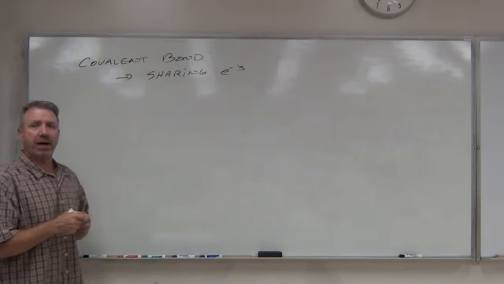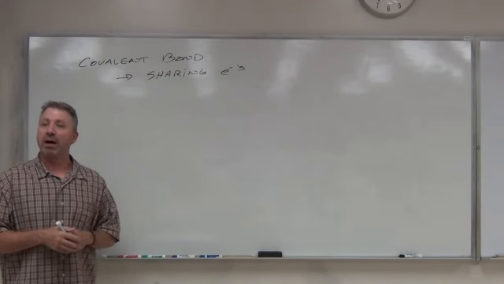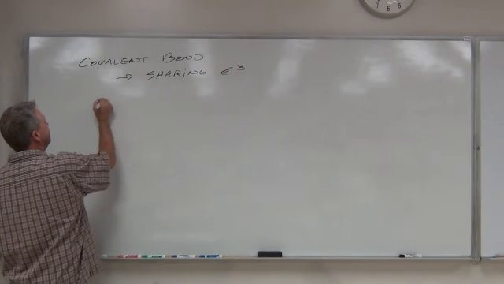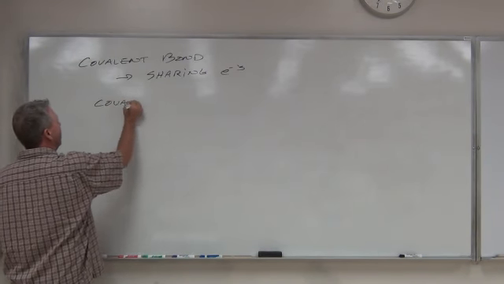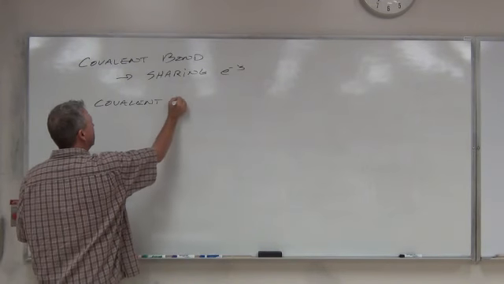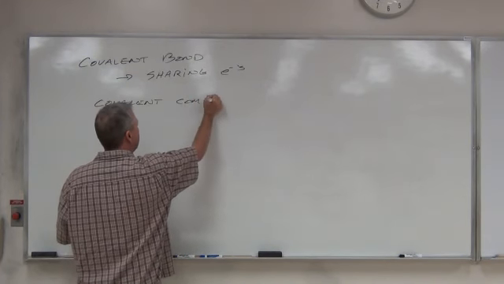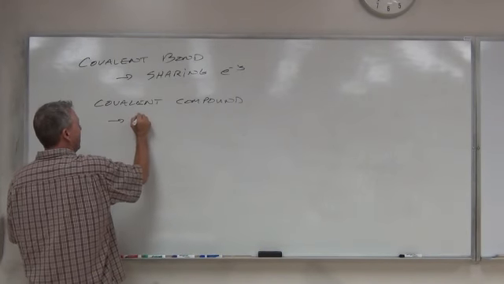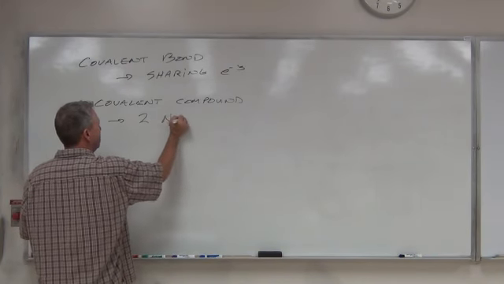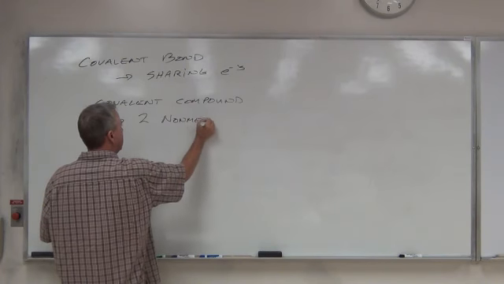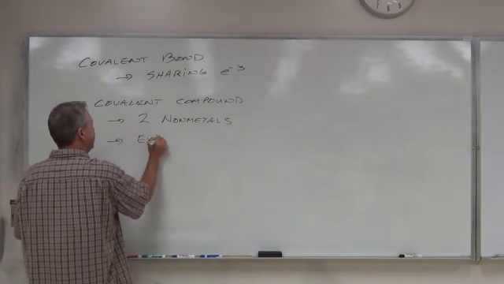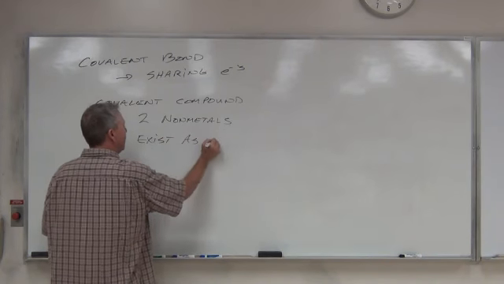Now, covalent bonds are part of covalent molecules, covalent compounds. This is between two nonmetals. And they do exist as molecules.